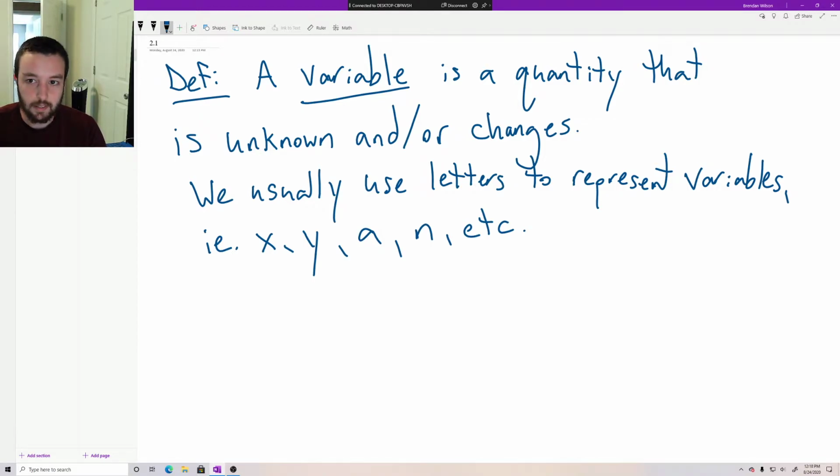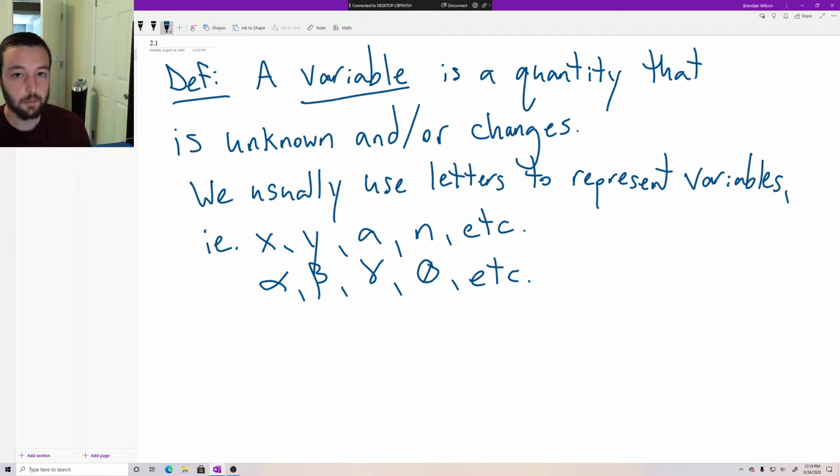We probably won't in this class, but in like trigonometry or geometry, when you're dealing with shapes, a lot of the time they'll use Greek letters like alpha, beta, gamma, theta, etc. Okay, so we probably won't use any Greek letters, but like I said, in other branches of math, they typically will. In statistics, you typically use Greek letters a lot. In physics, you use Greek letters a lot. So you might see them in the same context. Okay.